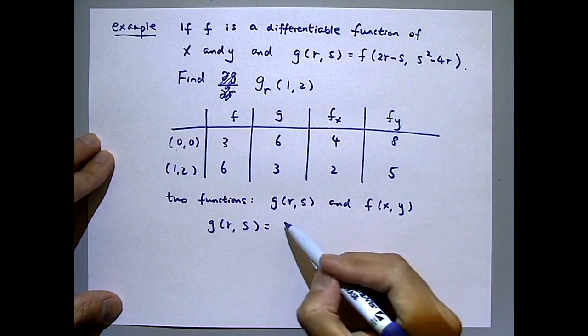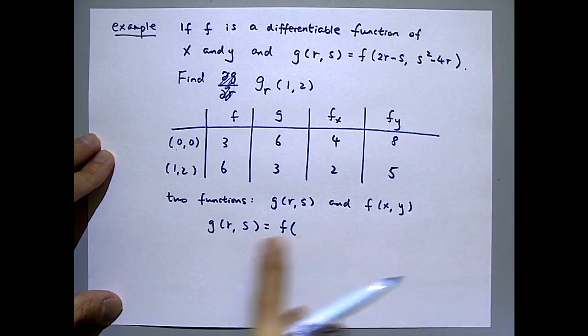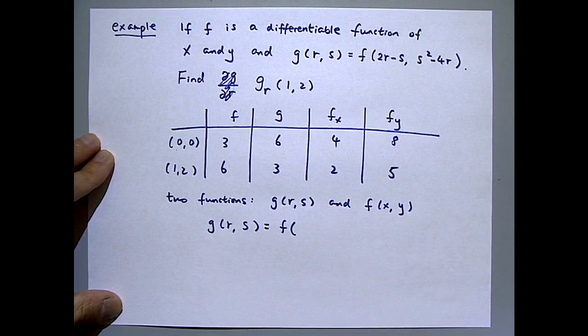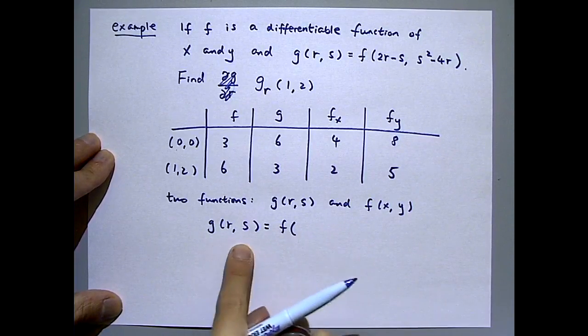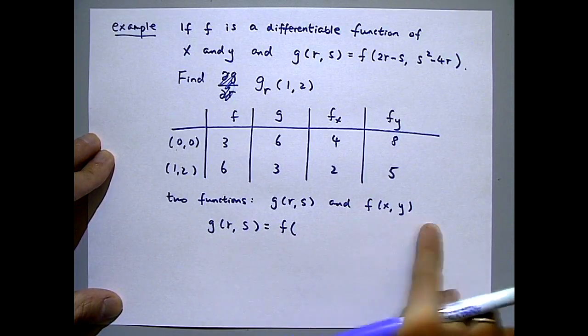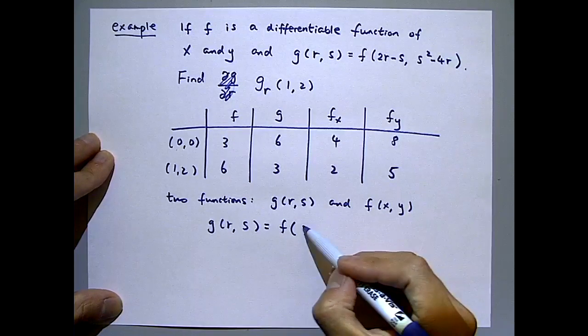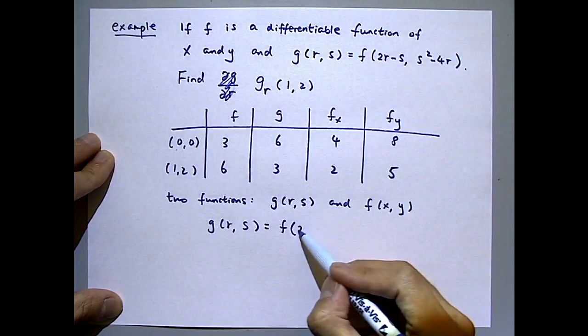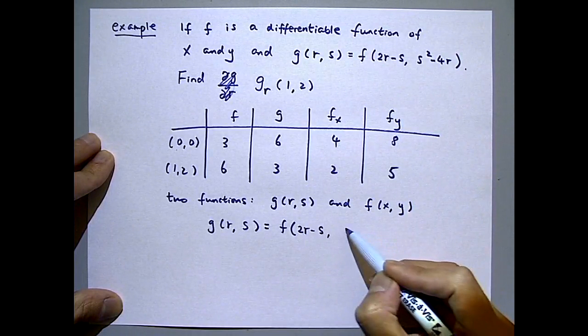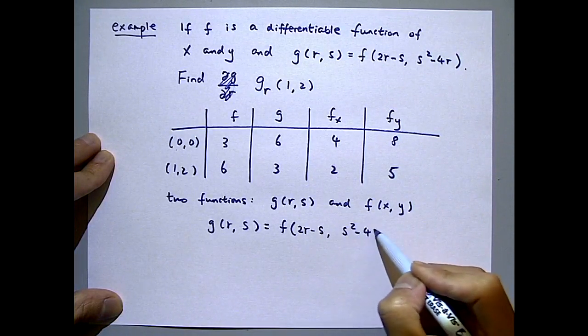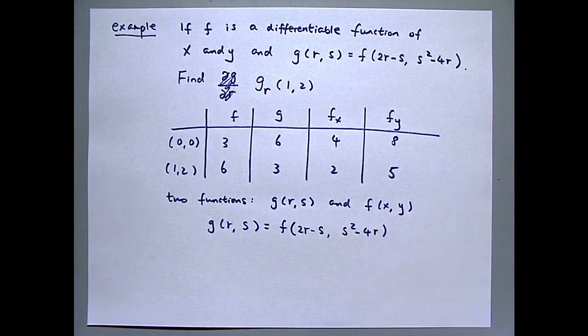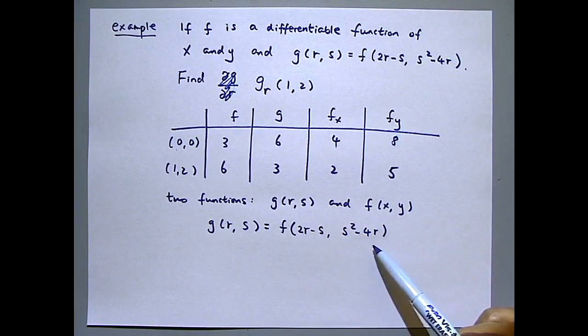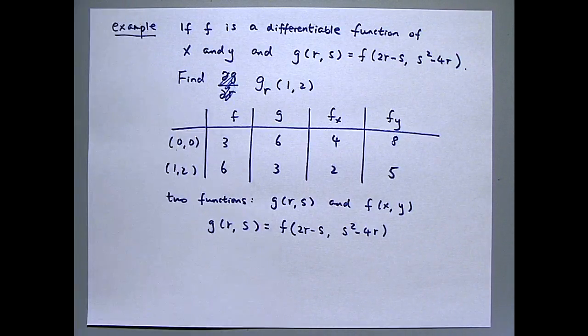But we know one thing: this function g, for whatever values of r and s, is equal to the function f when we plug in this. In other words, if we let x be this and let y be that, then when you feed x and y into f, you will get whatever g tells you.